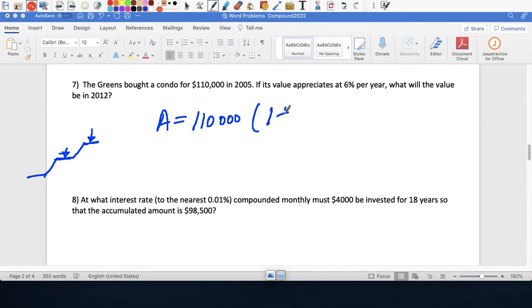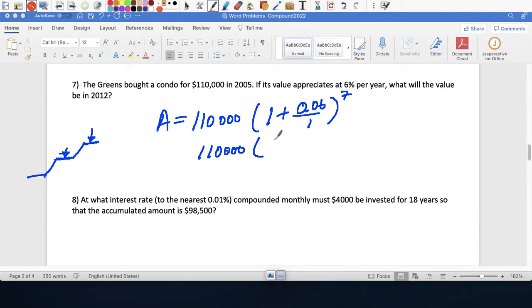So 1 plus 0.06 divided by 1, right, is compounded annually. And then on top, it's going to be 1 times the number of years. 2012 minus 2005 is 7 years. So we're going to put a 7 over here. So 0.06 divided by 1 is just 0.06. We're going to add 1 to that, and then raise it to the 7th power.